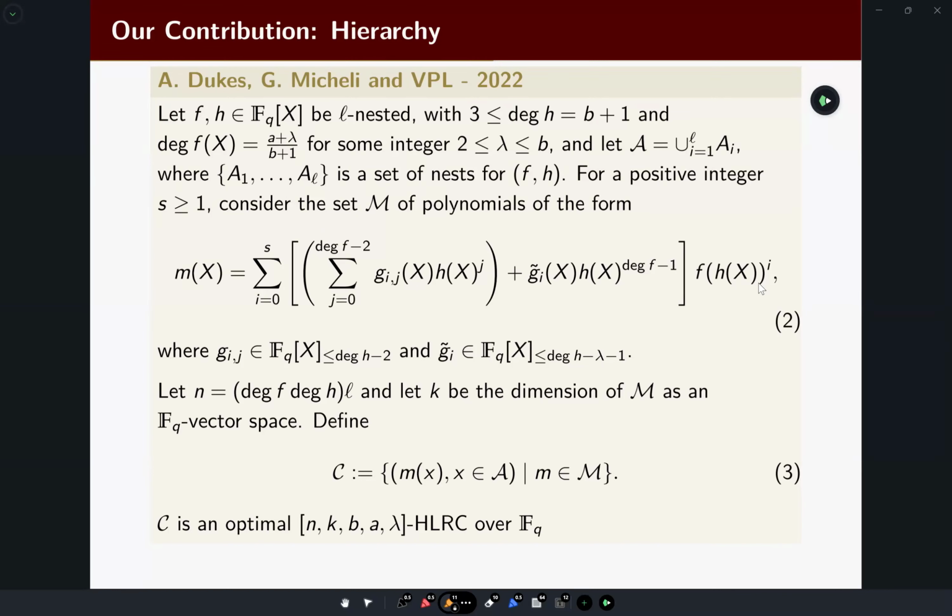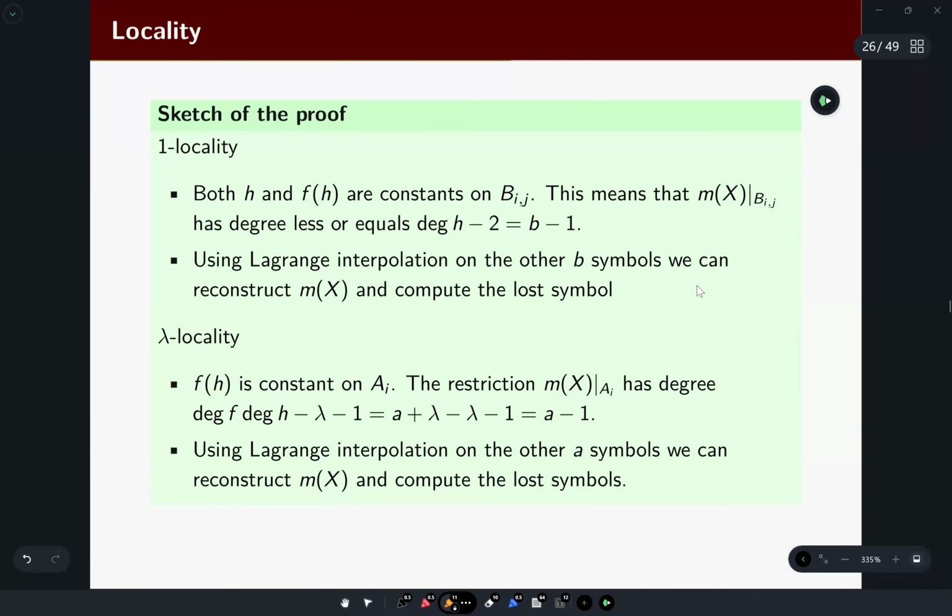So basically, we are evaluating polynomials that are nested, and we work on the degree of the sums in order to have the locality. In fact, we won't look at every detail of the proof, but just to give you a sketch of why our codes defined in this way have locality.